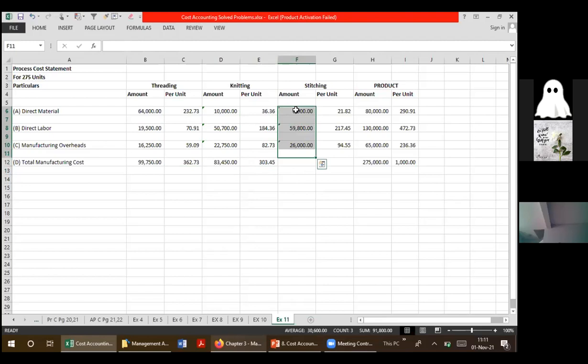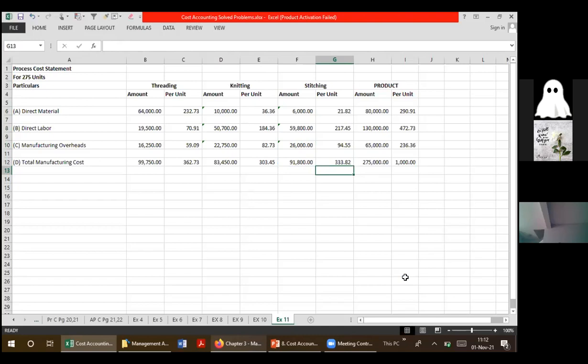Process of stitching. Total is 91,800. Does it add up to be the same? 91,800 divided by 275 is 333.82.